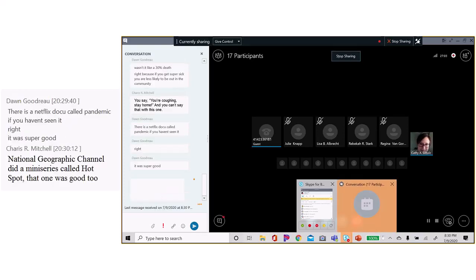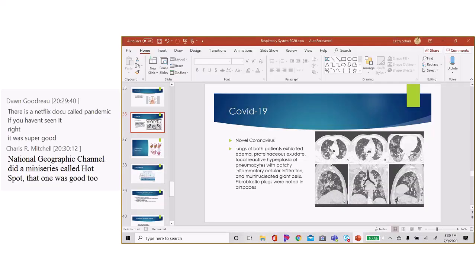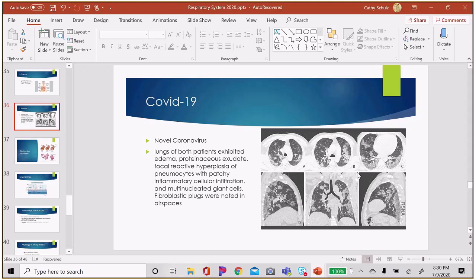So the problem with COVID for some people is that it causes a pretty intense immune response. There's a huge cytokine release, a cytokine storm, that causes very bad inflammation in the lungs and can be quite devastating. These are COVID lungs, and this is a CT scan.